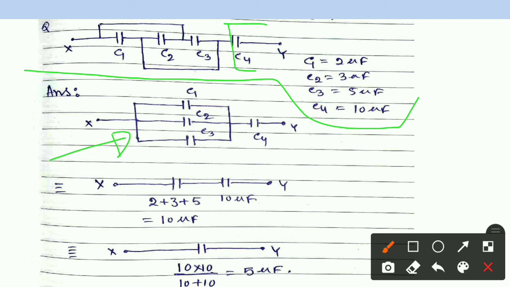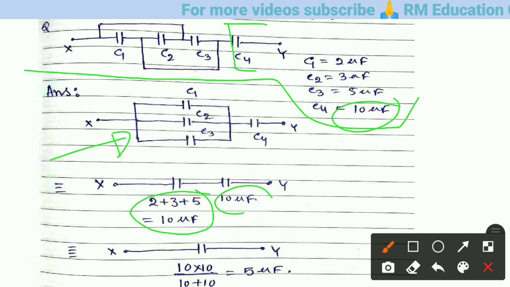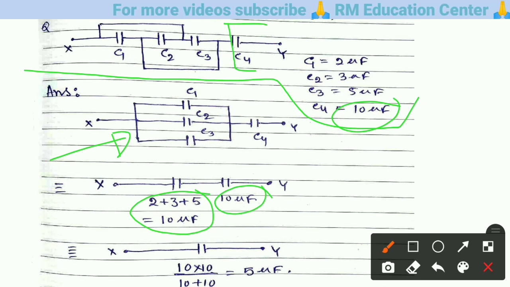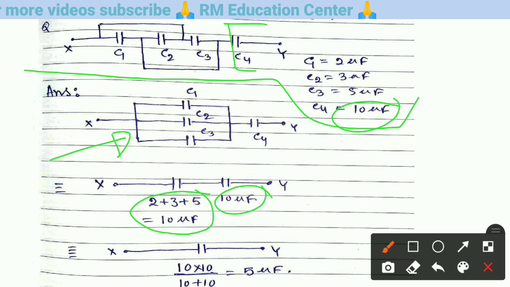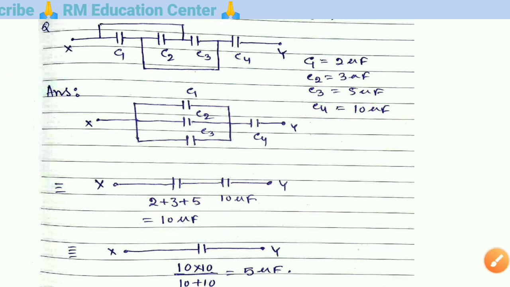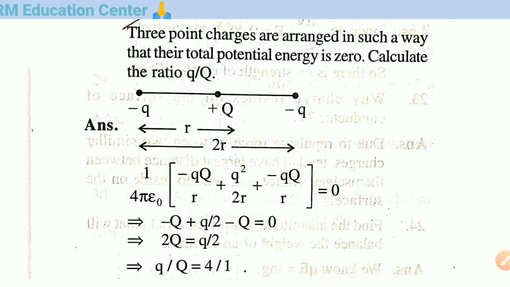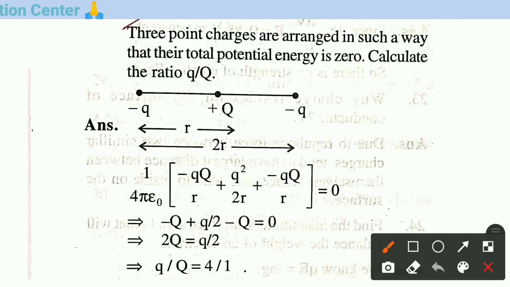Now C1, C2, C3 connected in parallel, so the equivalent will be 2 plus 3 plus 5, so 10 microfarad, and C4 is 10 microfarad. Now the equivalent of this 10 and this 10 will be 10 into 10 by 10 plus 10, so it will be 5 microfarad.